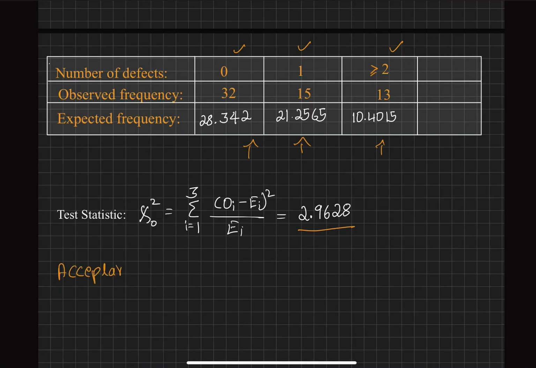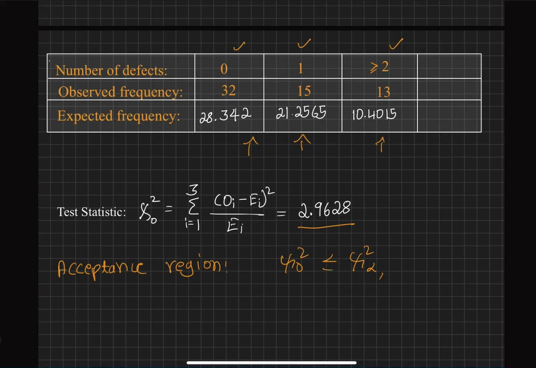Once we have this chi-naught square value, we need to determine the acceptance region. The acceptance region will be chi-naught square less than or equal to chi square alpha comma k minus 1. Here, because we have 3 class intervals, k will be 3, k minus 1 is 2, and given that we have to use 0.05 level of significance.